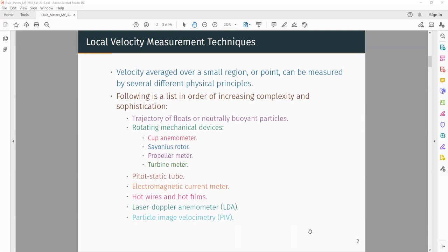We have a PIV machine in the advanced fluid dynamics lab of BUET. These are very expensive equipment, and we are trying to get one PIV equipment for our fluid dynamics lab as well.